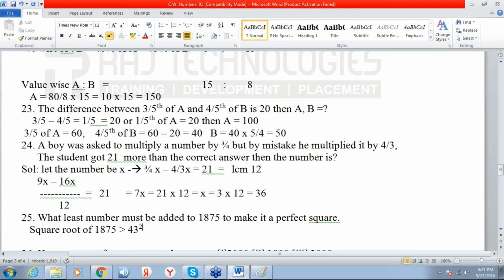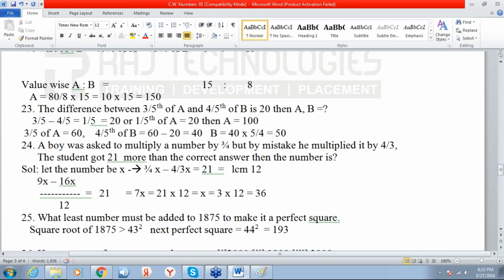So the next perfect square, you should see the next perfect square. What is the next perfect square? That is 44 square. What is 44 square? 1936. 44 square is 1936.